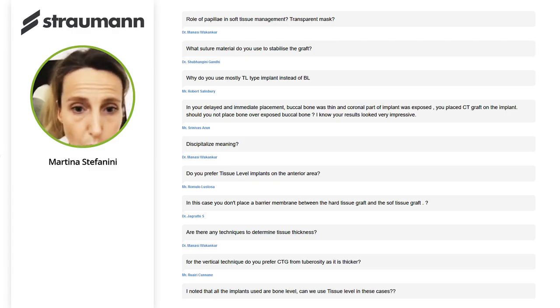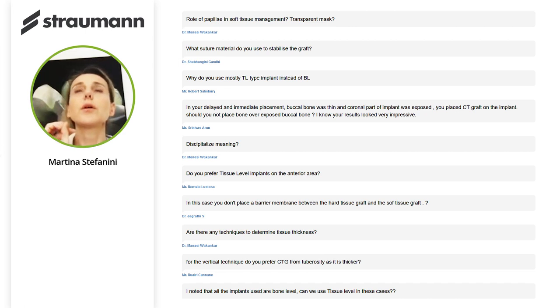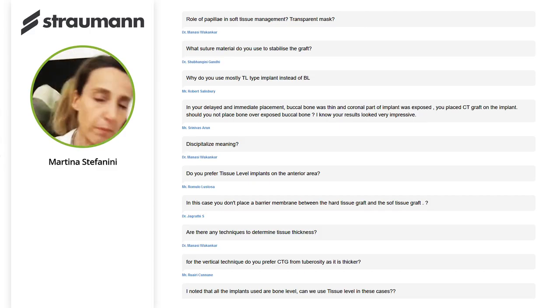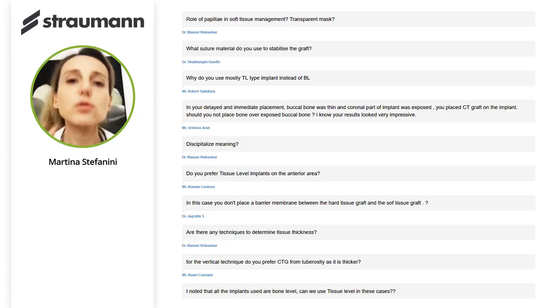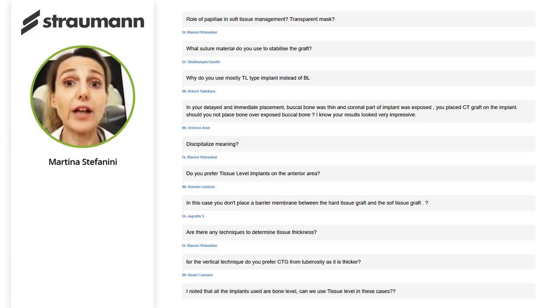And some of the last questions regard the suture. Suture material is the PGA. I always use PGA, resorbable suture, for the free gingival graft, for the bilaminar technique, for the flap, for every mucogingival procedure. I love this suture material because it's soft. It's quite resistant, so you can use it in very, very thin suture.